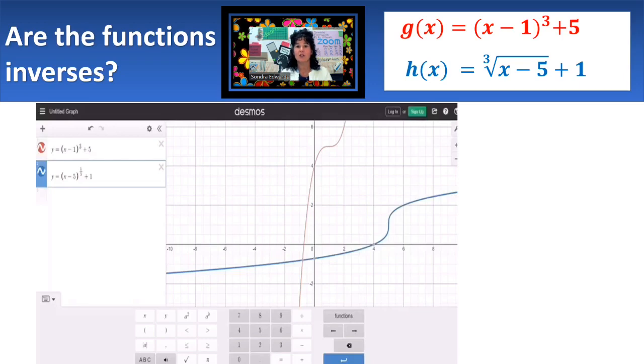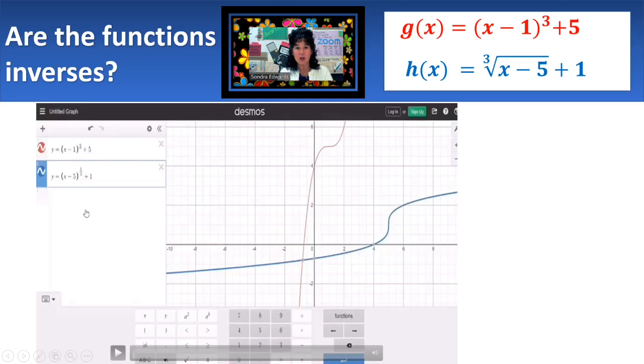Let's start here with g of x and h of x. I've already graphed both of these on the same graph paper. I did this at desmos.com. And a quick note about graphing. If I'm trying to graph the cube root of x minus 5 plus 1, notice that I have x minus 5 in parentheses, and the exponent on x minus 5, which is kind of hard to see here, is 1/3, then plus 1.